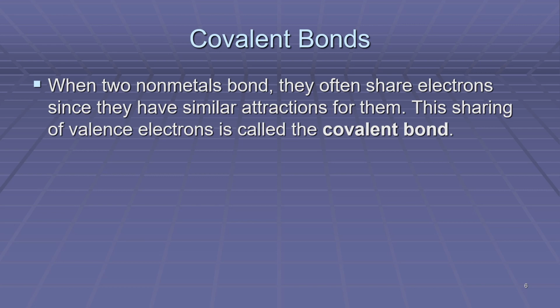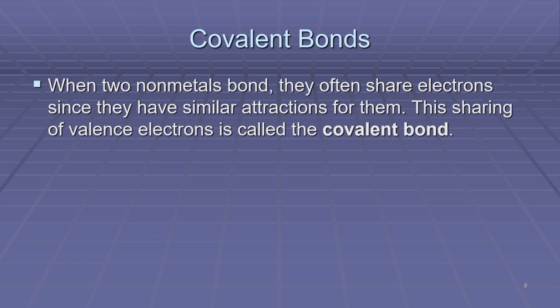When two nonmetals bond, we're going to mix it up a little bit, and we're going to start with nonmetals. I partly do this because we can get into the lab and do some of the structures a little quicker. I kind of put the ionic bond later. Okay, so when two nonmetals bond, they share electrons.